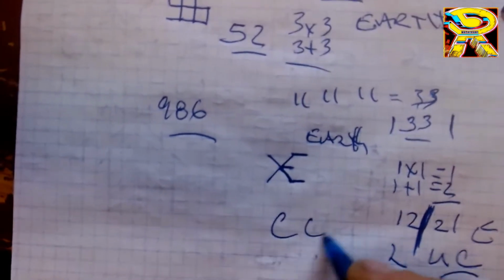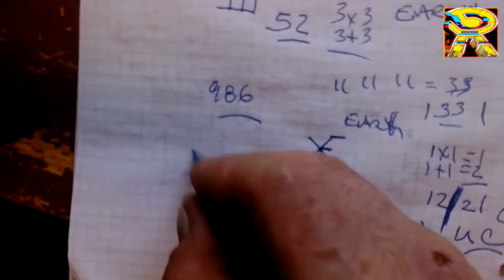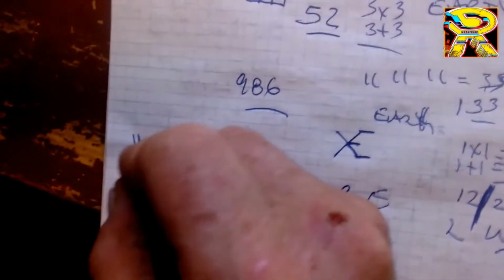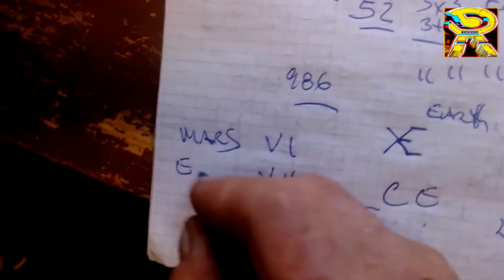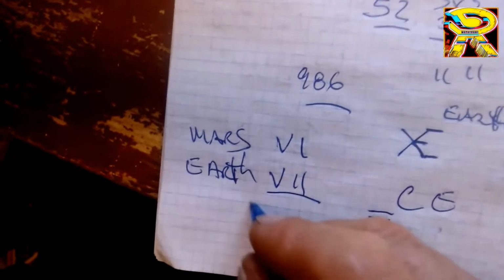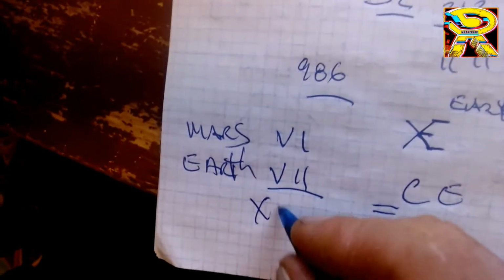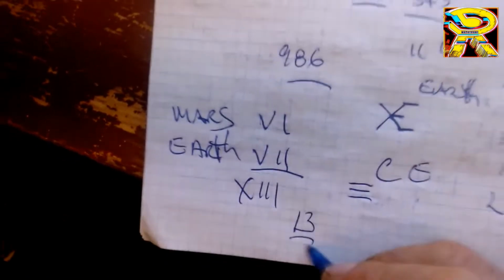So first we add C, then we add E, and we have 3 lines. So we can go V1 for Mars, and we can go V11 for Earth. And when you total them up, you will get X111. 13.